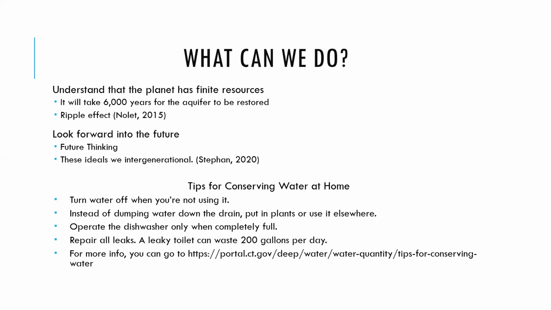Of course, only use the dishwasher when it's completely filled, and leaks. Leaks not only waste tons of water, but also are very expensive. So get leaks fixed as soon as you can. And for more information, there's a link down below on the slide.